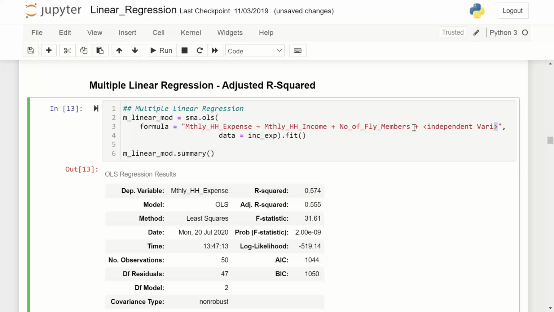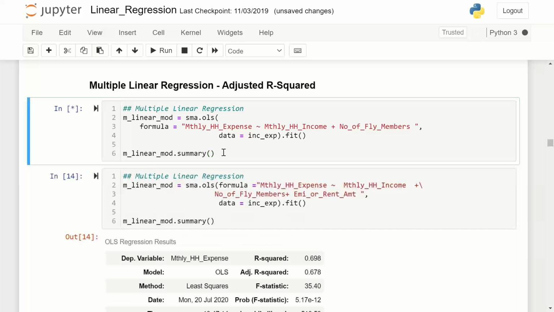So this is the way we give the formula in this OLS function, which we are using for building our linear regression. And having given that, we call fit. Fit is to fit the regression between your dependent variable and the independent variables. And then we do summary. Control enter.